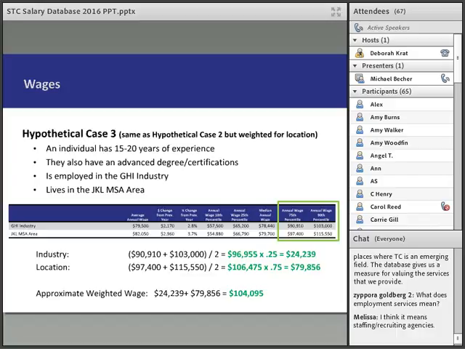And then we do the same thing for the location, but we weight that more heavily at 0.75. So now for the industry, we get $24,239. Location, we get $79,856. And we add those together to get the approximate weighted wage of $104,095.